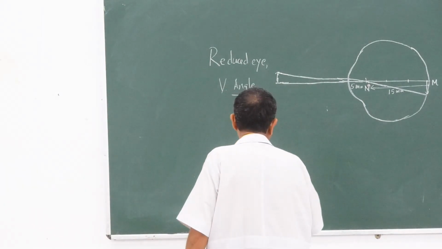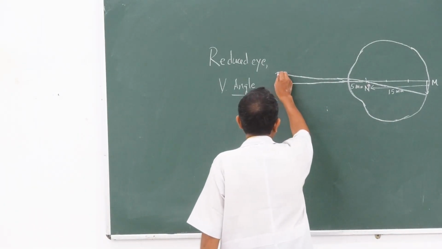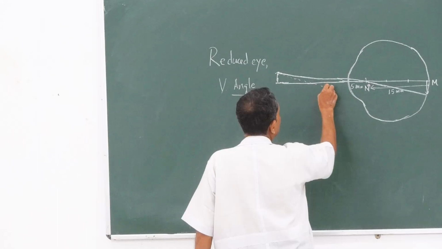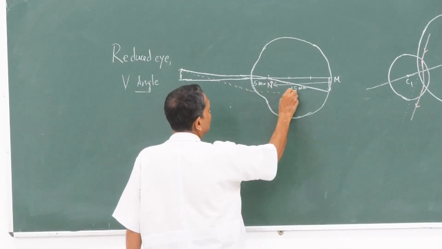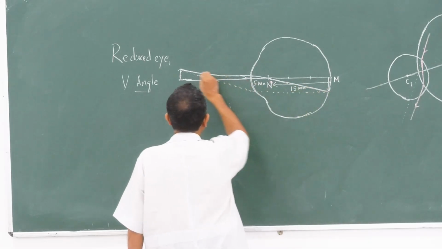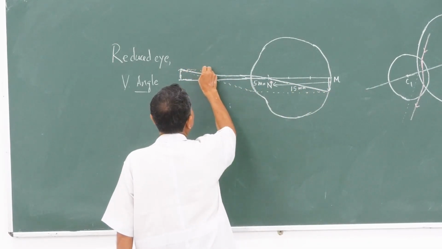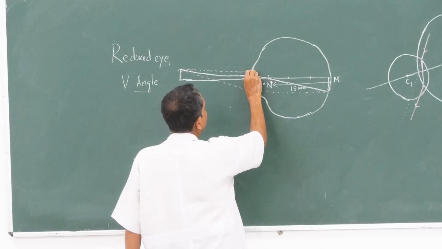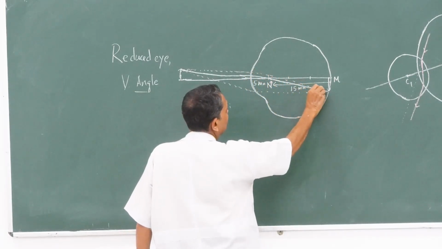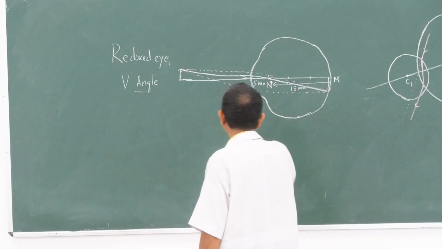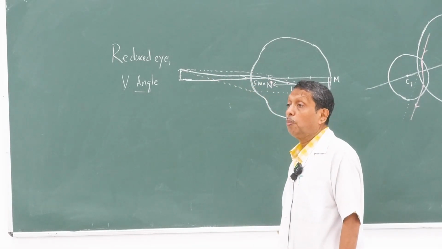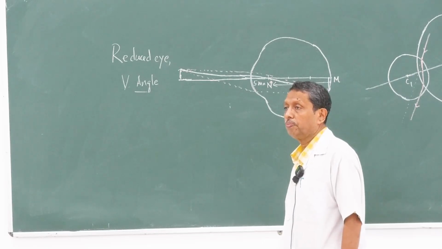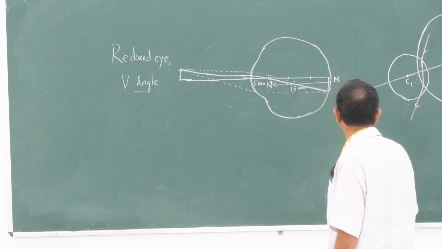So in that case, consider another ray coming from this point and focusing, but the ray goes straight through without refraction in that sense. It is the optical center of the eye.